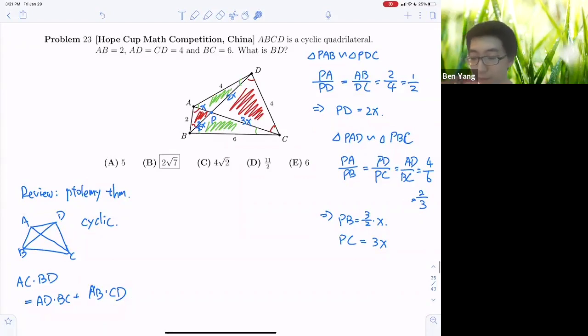And now this is a perfect time to use the Ptolemy theorem, because we have a cyclic quadrilateral here, and we know everything in terms of those constants and those x's. So in this question, AC times BD is equal to 4x times 7/2 x.